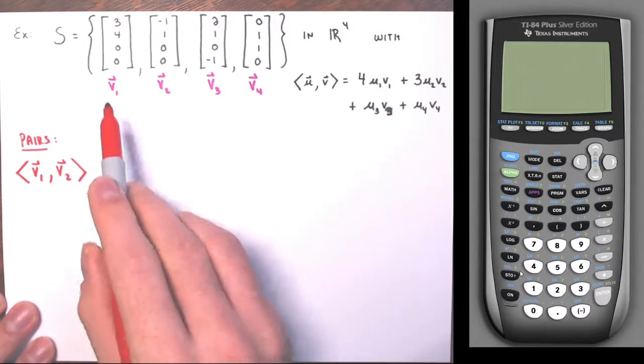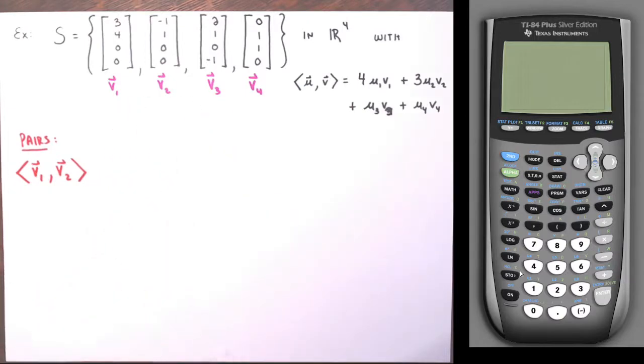Like I said, there's going to be 6 pairs here. Now, I might not have to do all 6. If all of them are 0, great, then we have an orthogonal set. As soon as I find an inner product that's not 0, then I don't have an orthogonal set, and I can stop.